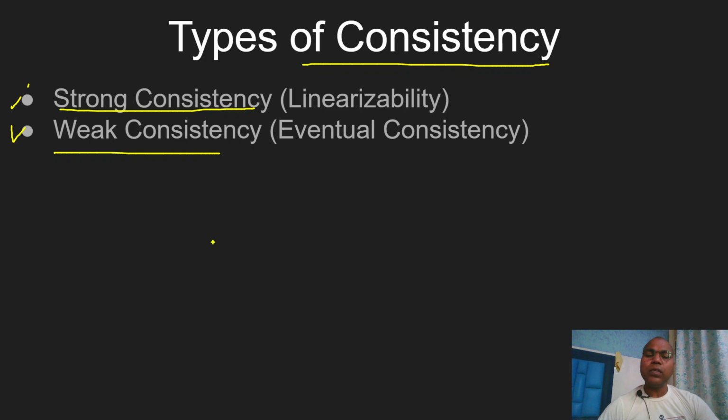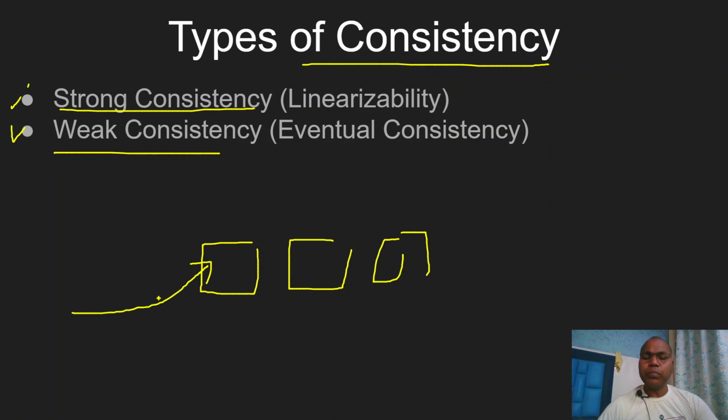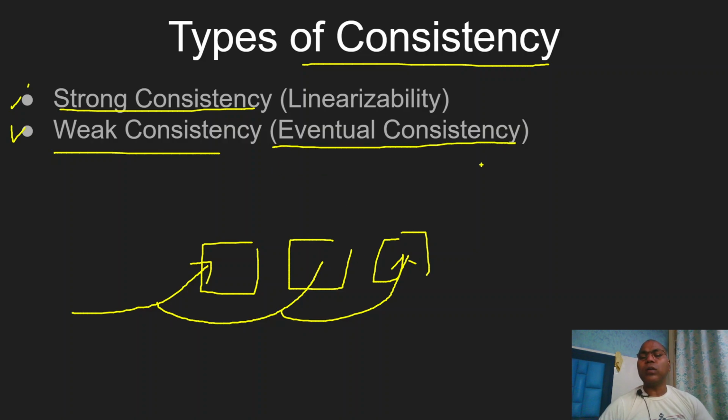Weak consistency means that in distributed networks there is some delay or latency, a microsecond or millisecond, for an update to be reflected in the other node. That is sometimes known as eventual consistency. Data will be consistent but there might be some delay. That is known as weak consistency.